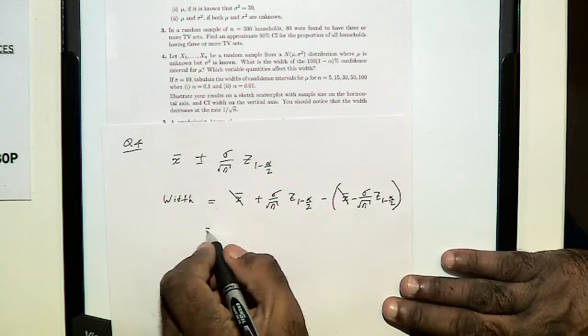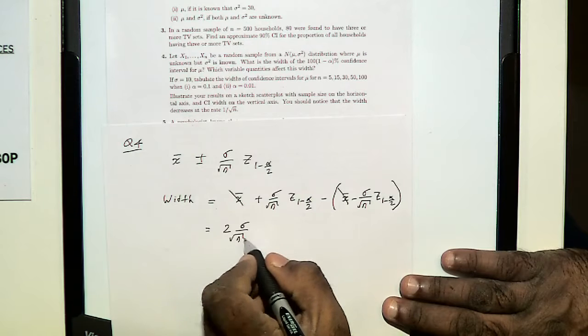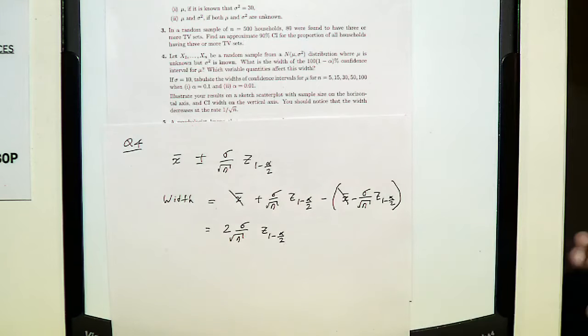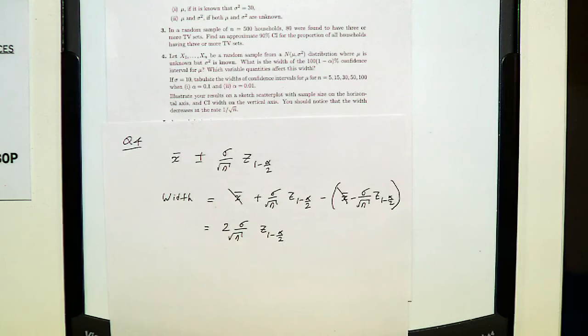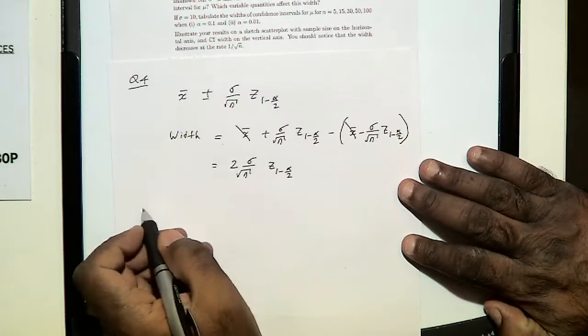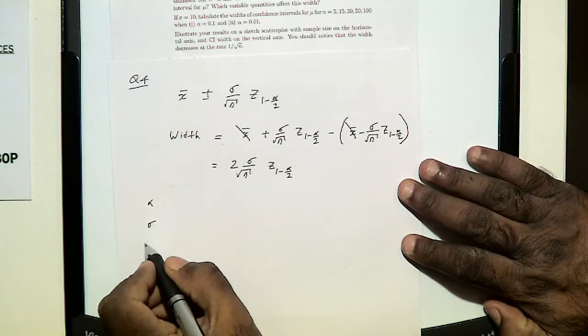So this will become 2 times sigma by root n times z. Now the question is asking you which variable quantities affect this width, right? To answer that question, there are three variables here: alpha, sigma, and n.